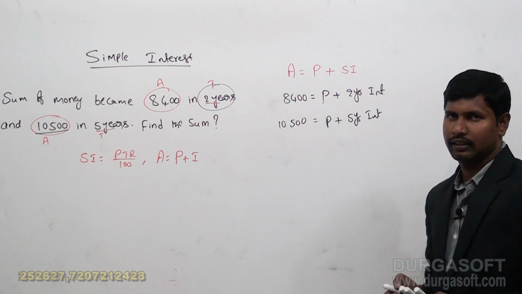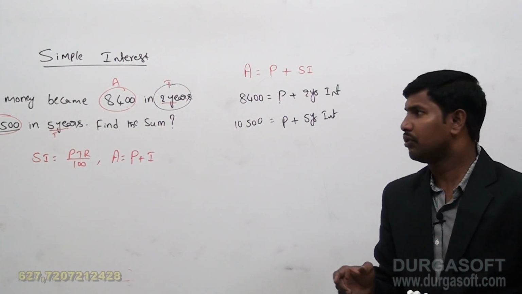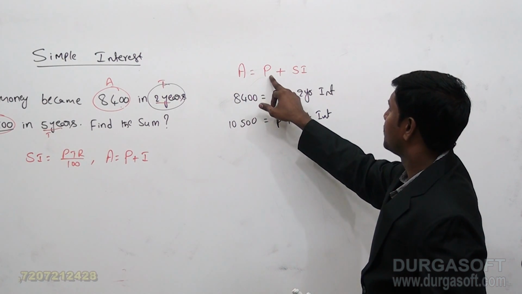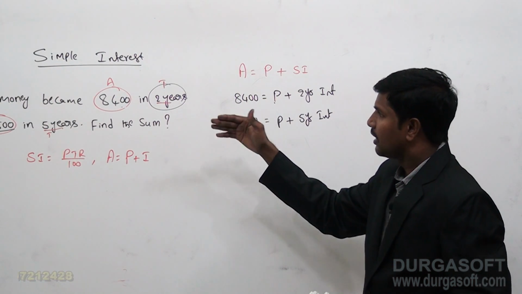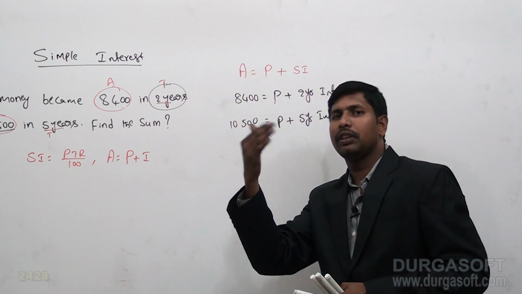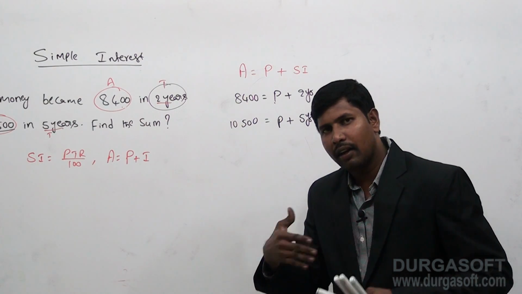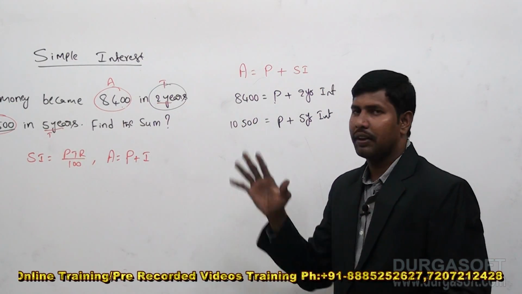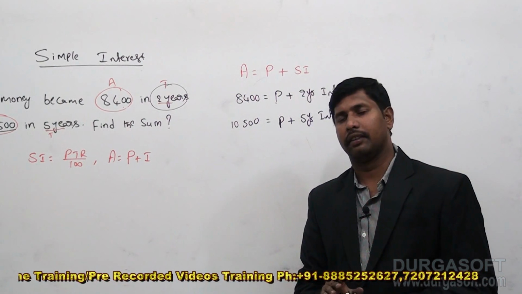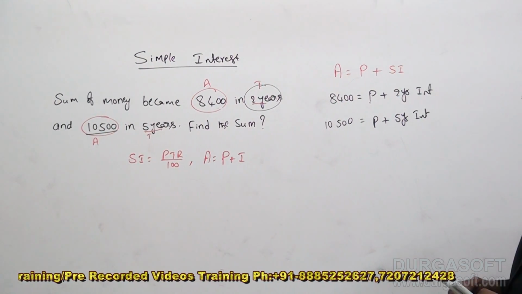Hope it is clear. Whenever you are having the amount, how you will get the amount? Amount is equal to principal plus simple interest. We are calculating after 2 years means we are adding 2 years interest. If you are calculating after 5 years, it is 5 years interest what we need to add. So in that way you will get these two equations.